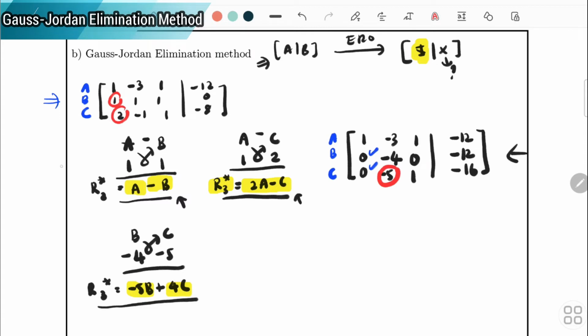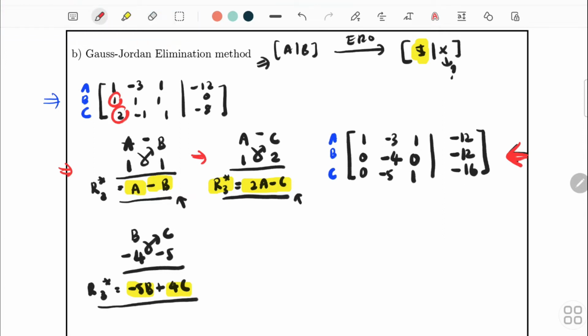You just do the same process. It's exactly the same as what we have done before, so I'm just going through it quickly. Then you will get the new one. This step is still the same as what we did for the Gaussian elimination method.